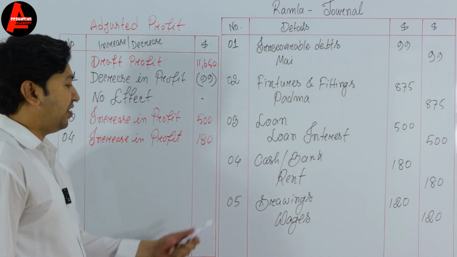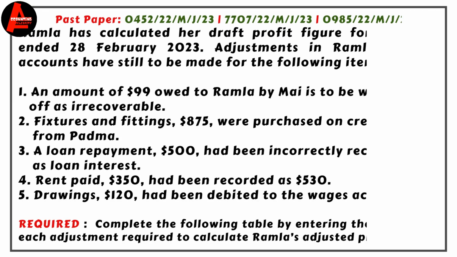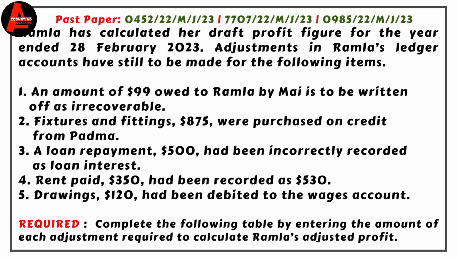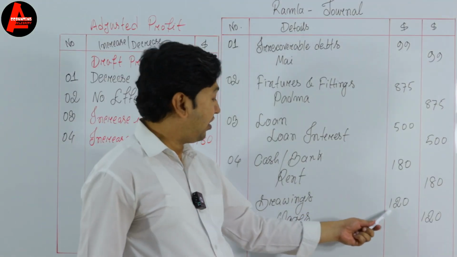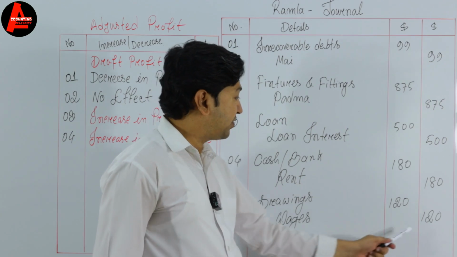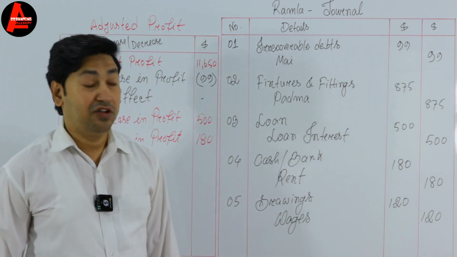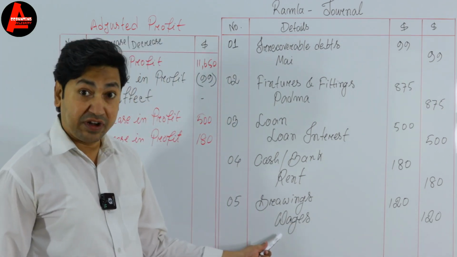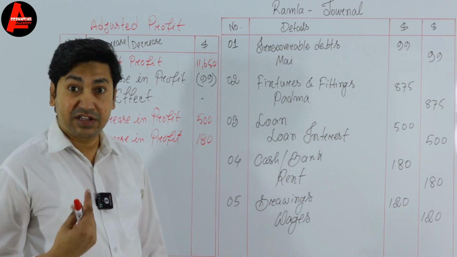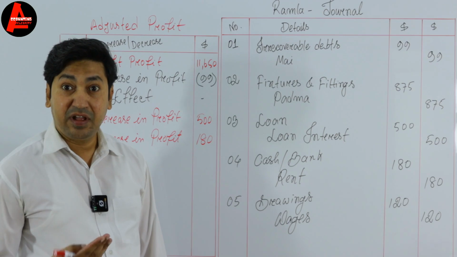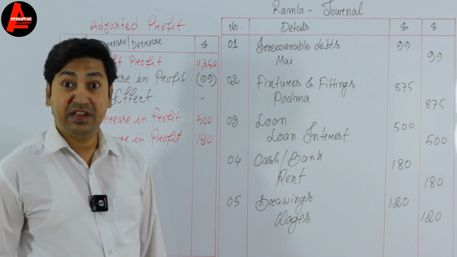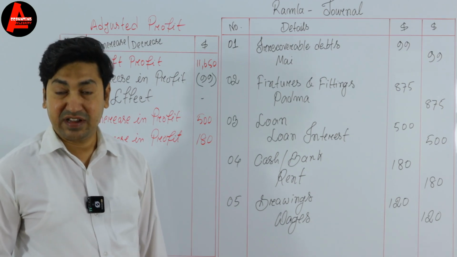Then number 5: on the question, drawings of $120 had been debited to the wages account. So we wrote drawings to be debited $120 and wages to be credited $120. Again, wages credited means expense decreased. The same: expense decreased means profit increase.